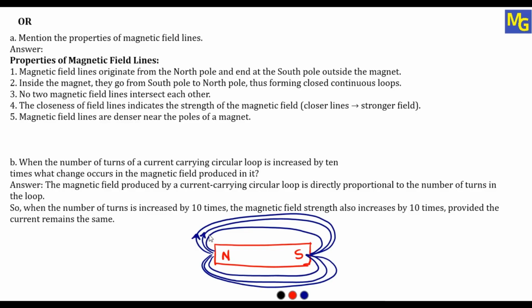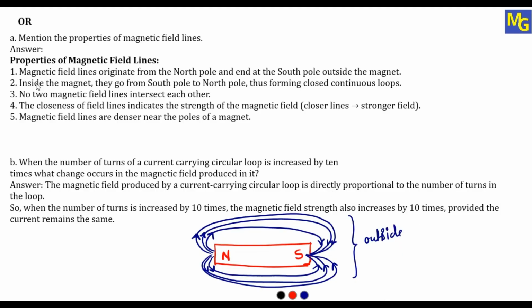See the arrow. They are coming from the north and merging at the south. See, these are the arrows. So they are emerging from the north and merging at the south, but this is outside. So all these lines are outside. So remember, this is all outside the magnet.